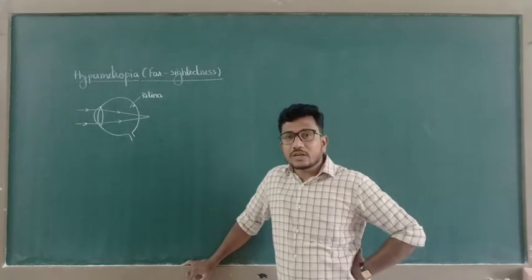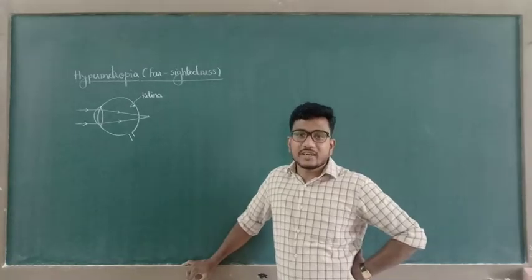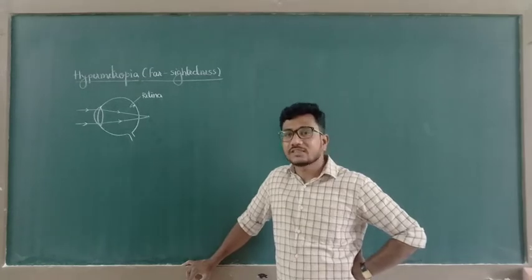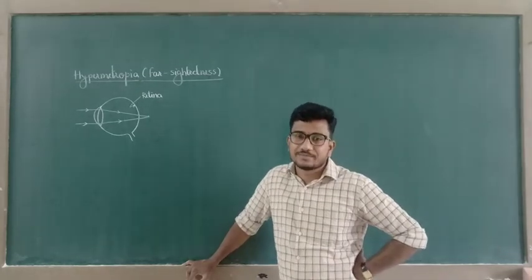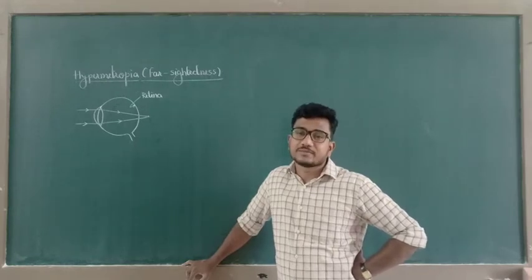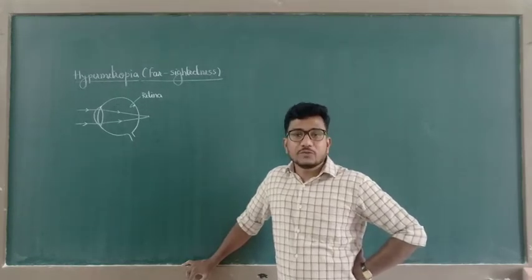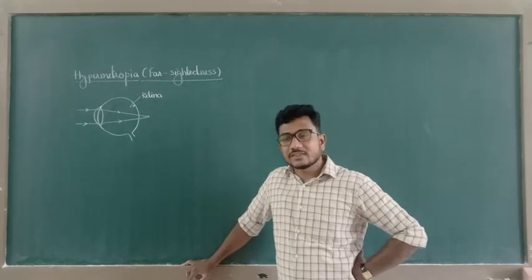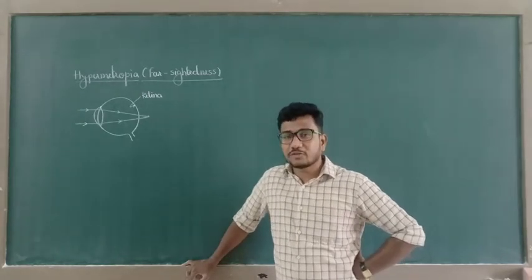In order to focus that intersecting point again on the retina, there is a need of convex lens of suitable focal length. That means to correct this hypermetropic eye, by using convex lens of suitable focal length in between object and eye lens, we can correct this hypermetropic eye.